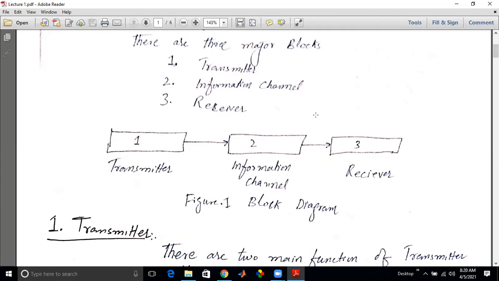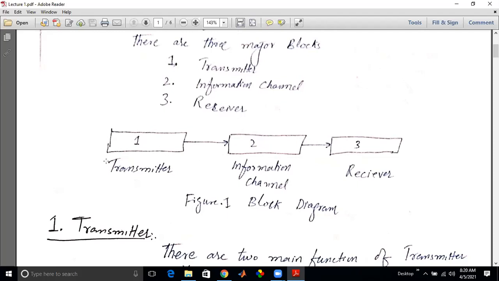The general communication system consists of three major blocks. There are minor blocks in the transmitter and receiver, so we will study these minor blocks also. But the three major blocks in the communication system are the transmitter, the information channel or medium, and the receiver.